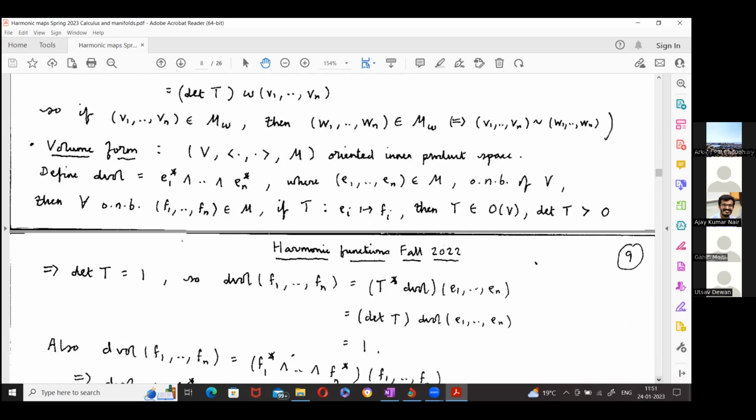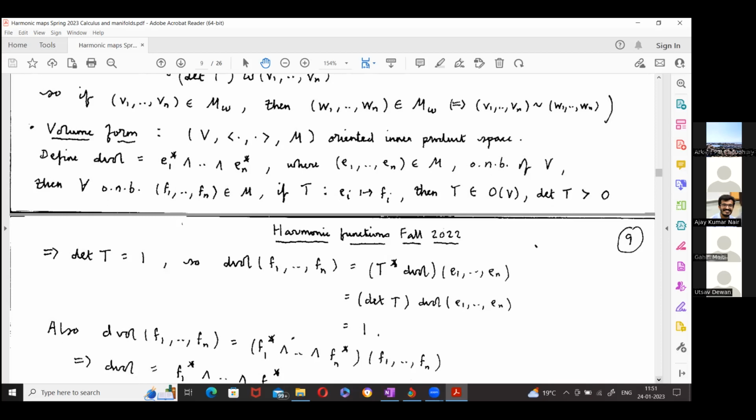So now I want to define a special n-form which you get when you have an oriented inner product space. Okay, so this will allow us to integrate on Riemannian manifolds. So what do we have? V is an inner product space together with an orientation mu. So we have an inner product and an orientation.